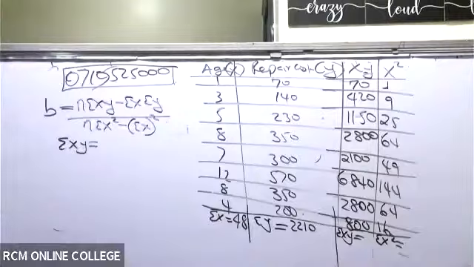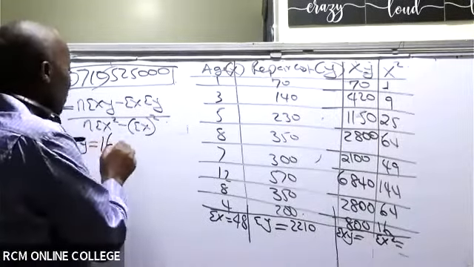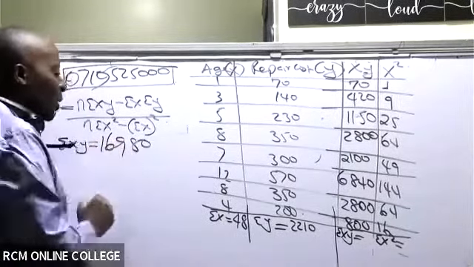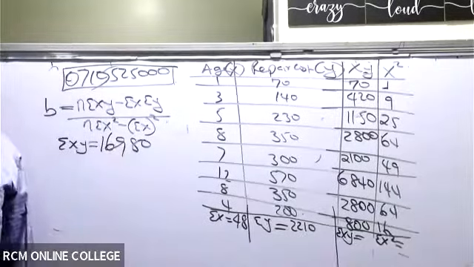What do we have? Summation of xy is 16,980. Can someone else confirm that what this great sister of ours is giving us is correct? Yeah, somebody has confirmed 16,980.